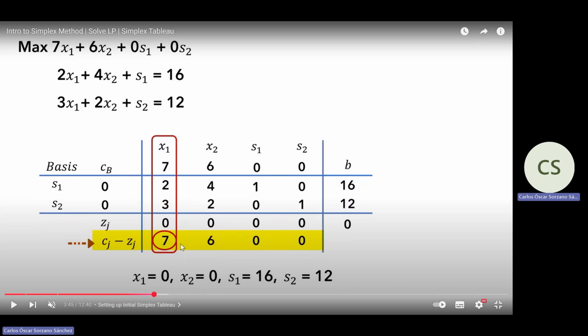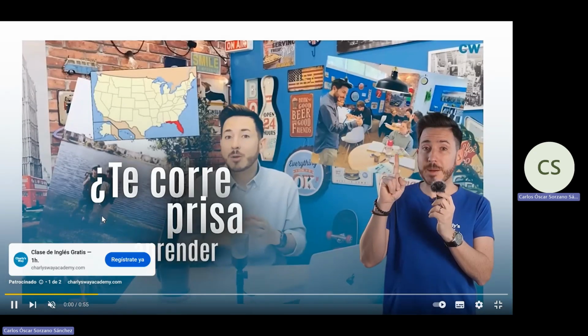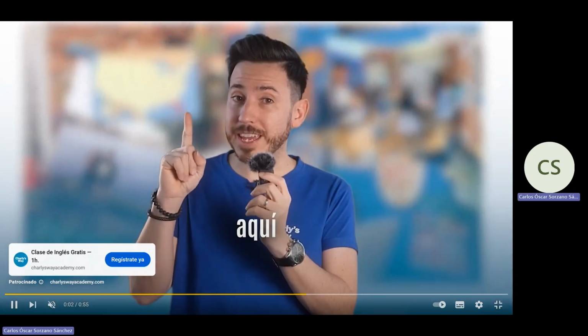I'm gaining 7, so x1 is the best candidate to get into the basis. Then I have to decide, okay, the basis can only have two variables, so which one should I get out of the basis? And for doing that, what we will do is show that.